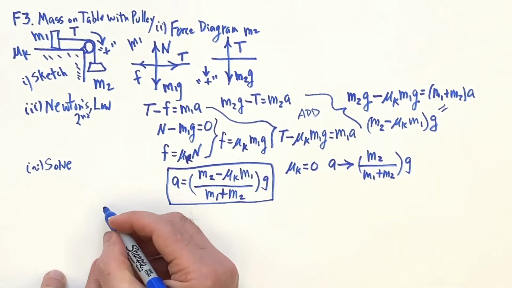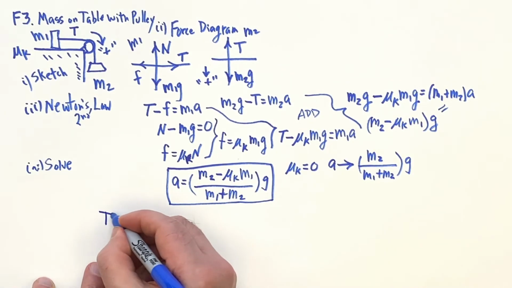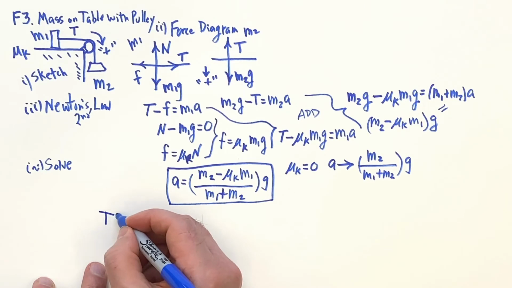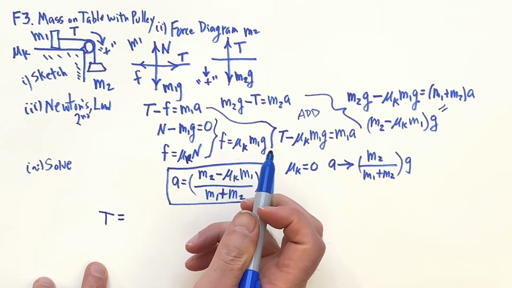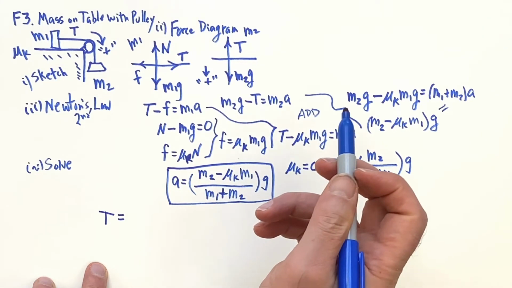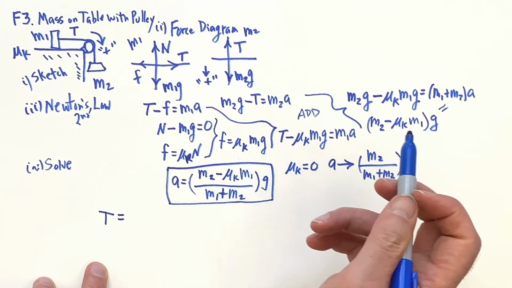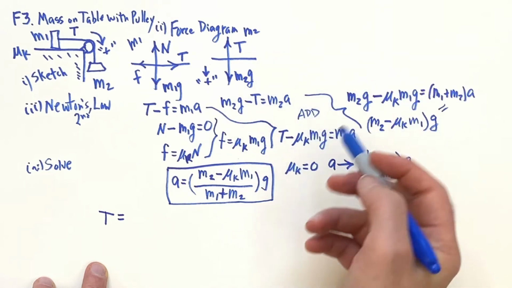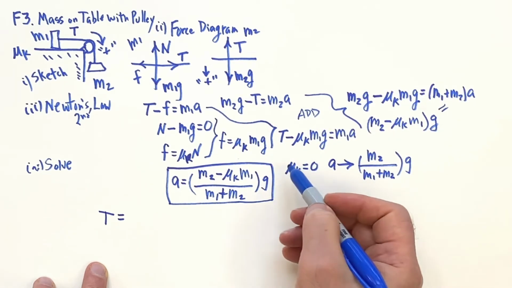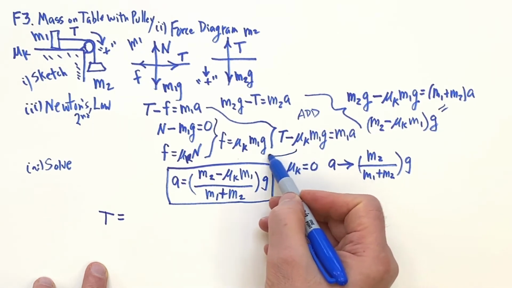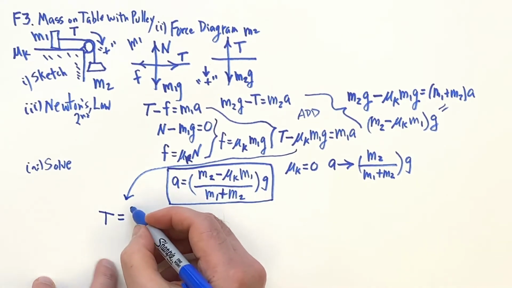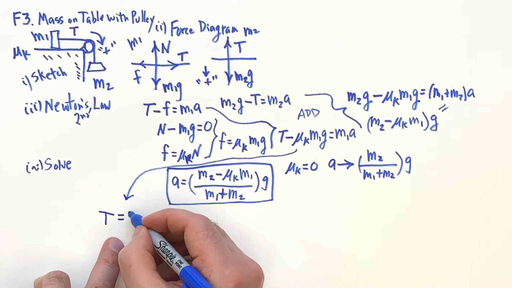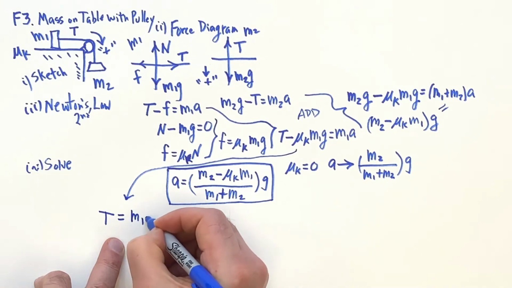So now we want to go with the tension, and here the T, you could use either equation. I think my preference would be to use this one here. So that would mean I would have M1A.